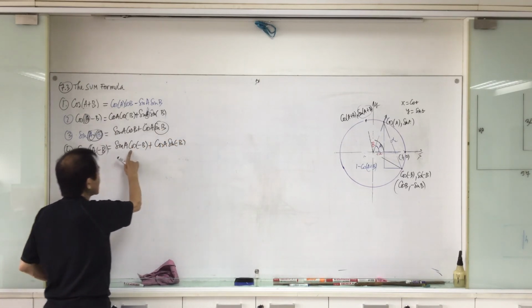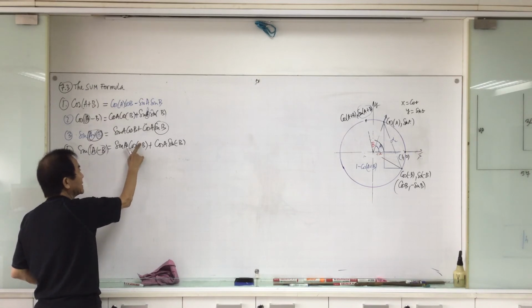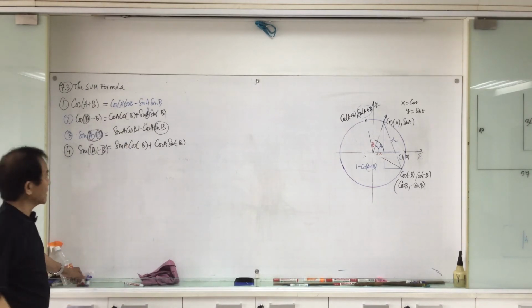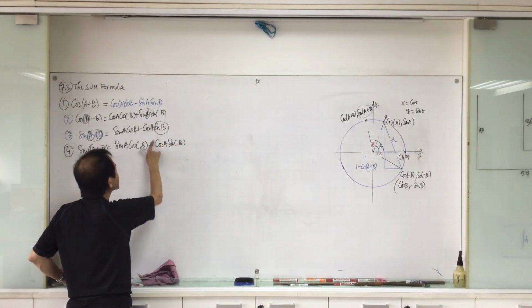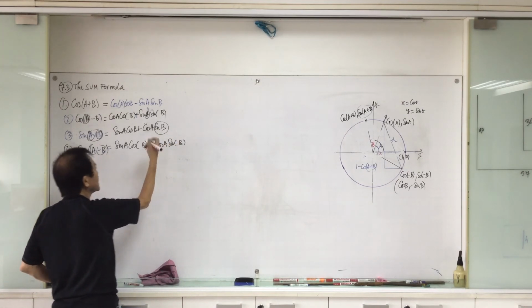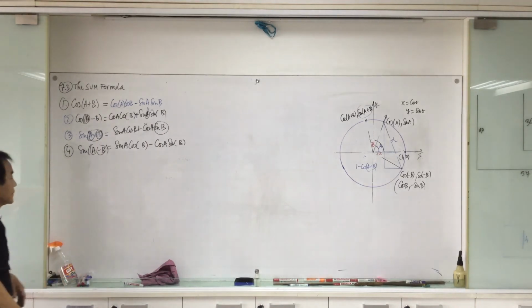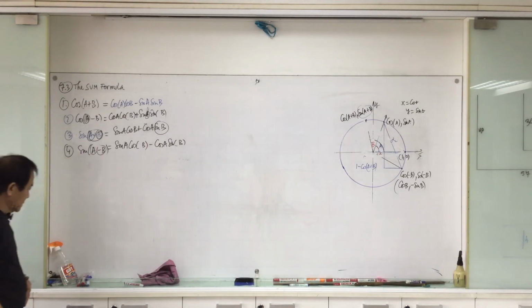Now this is the odd and even function: cosine is even, cosine minus B is the same as cosine B. This one is odd, sine minus B equals minus sine B, so you move the minus somewhere here or here. So then you have the four formulas.